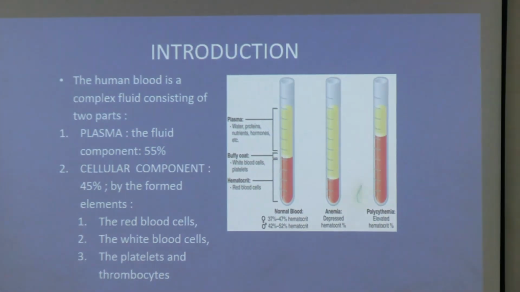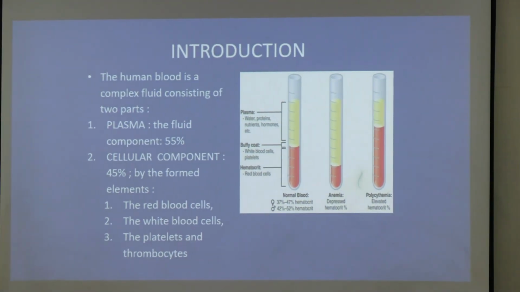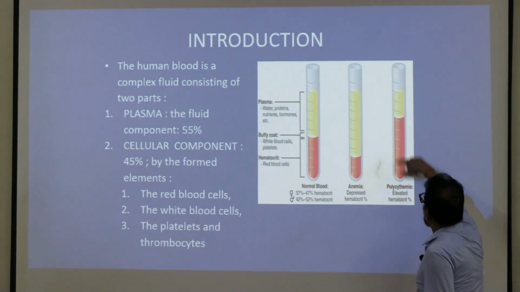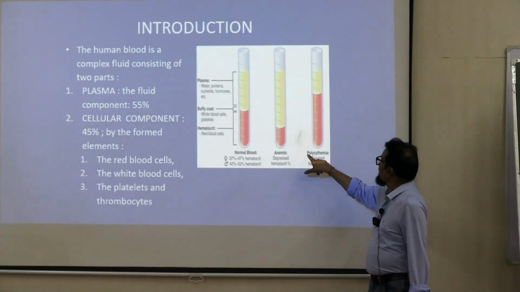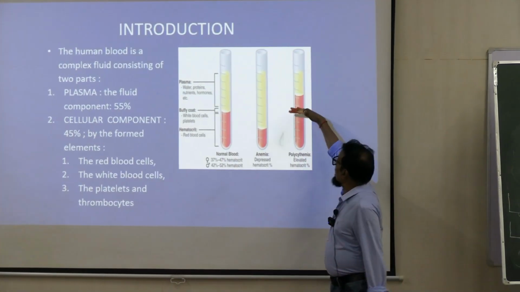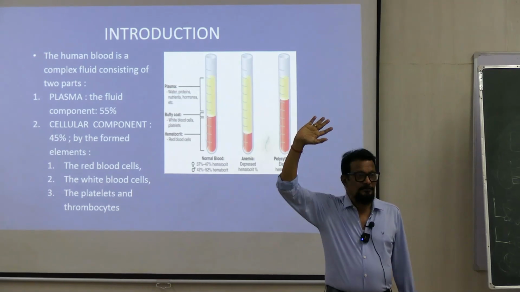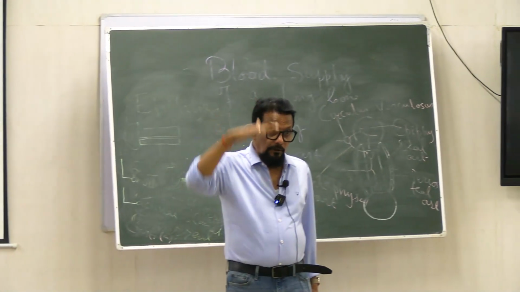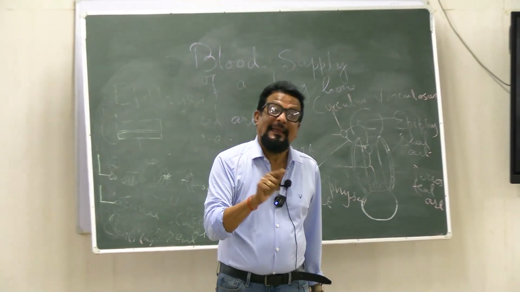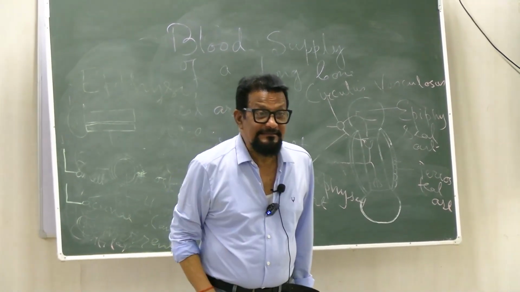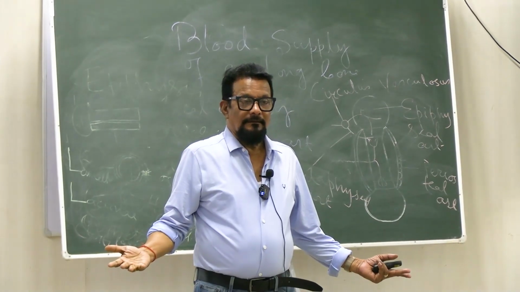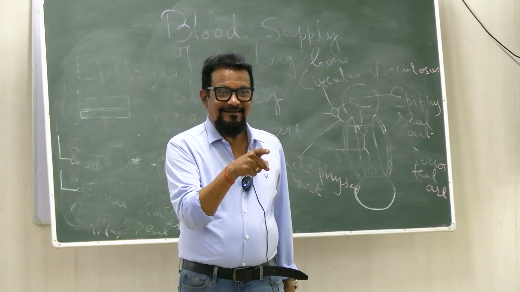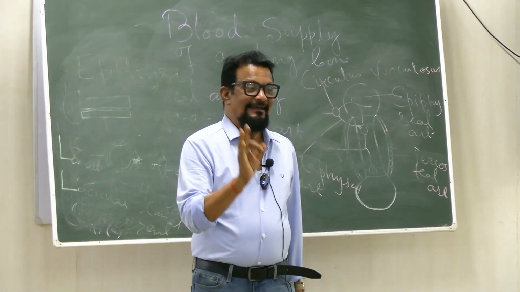So coming to this. Here cells are more. If it is more than normal, it is called polycythemia. And if it is below normal, it is called erythrocytopenia. It is seen when RBC is less, in anemia.